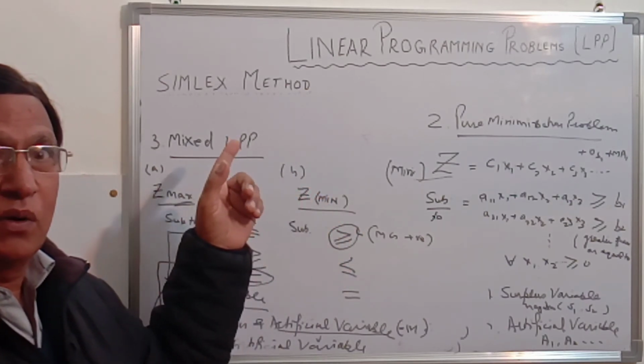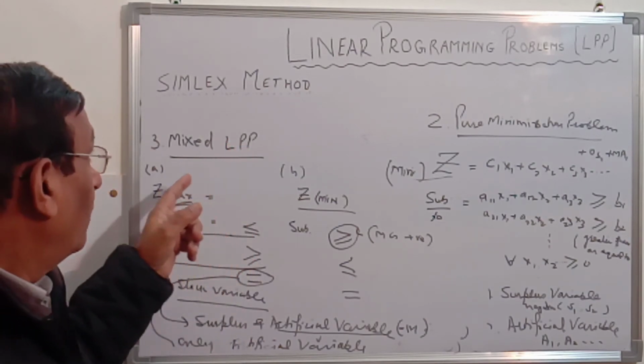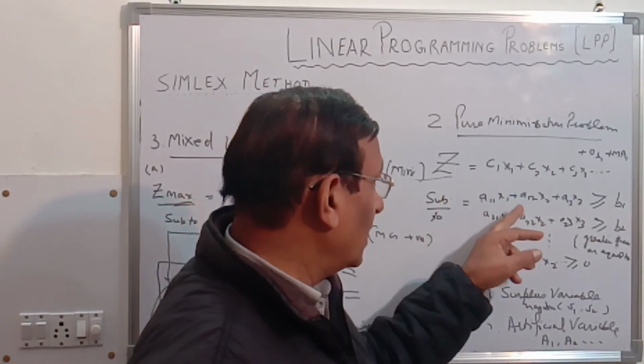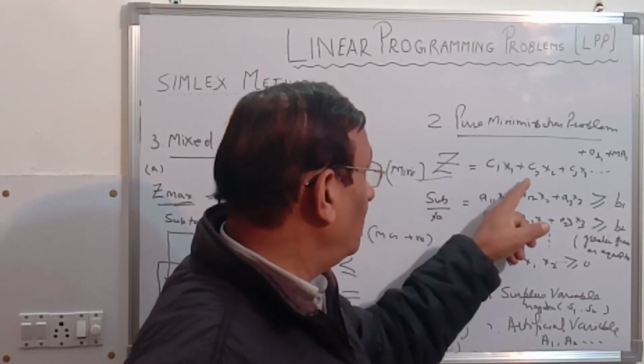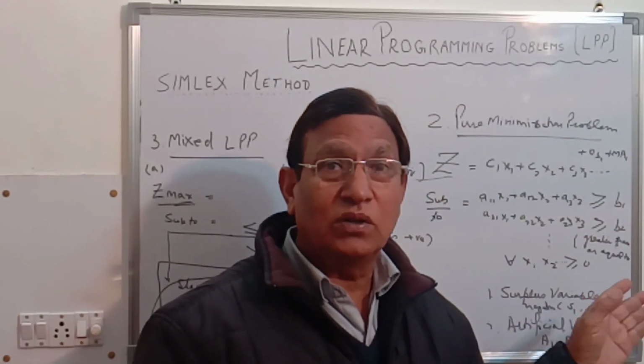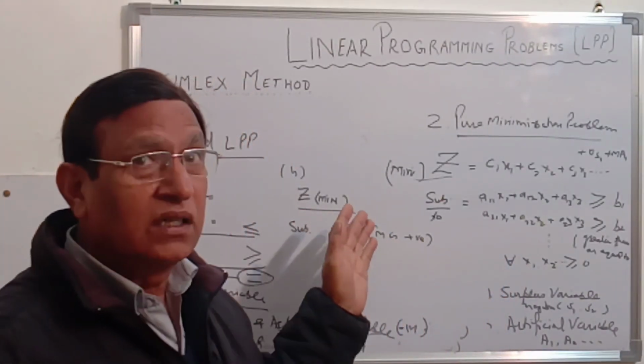Again, it is a mixed problem. Listen again. For example, in minimization, Z is minimum but all constraints are less than. Again, it's a mixed problem, because different steps we have to remember while solving these problems.